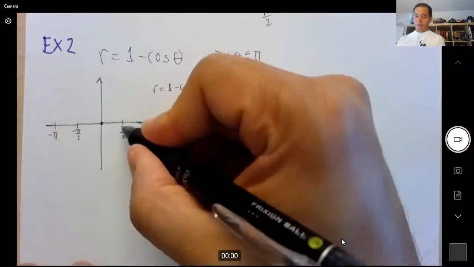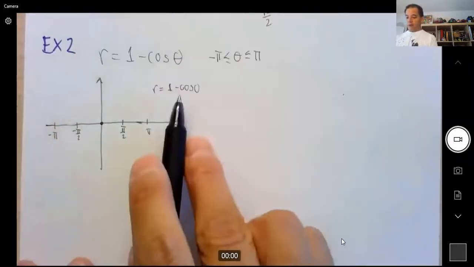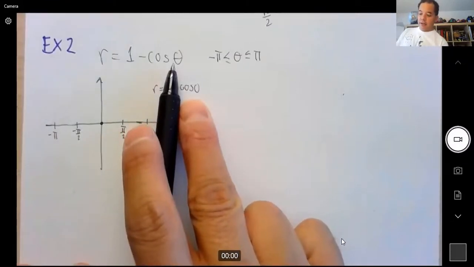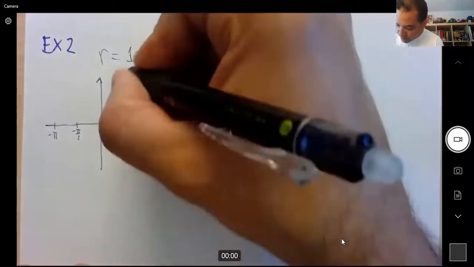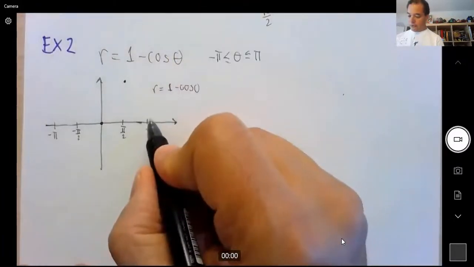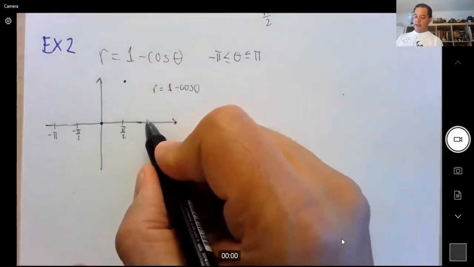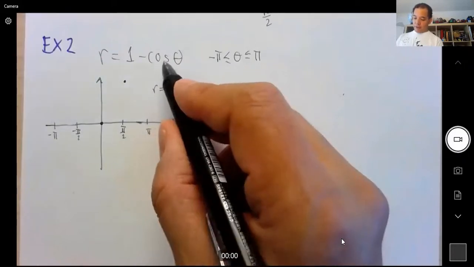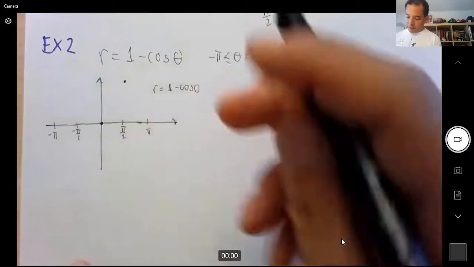All right, so at pi over 2, what's going to happen at pi over 2? We have cosine of pi over 2, cosine of 90 degrees, and cosine of 90 degrees is 0. So at pi over 2 it is 1, so it's all the way over here. And then at pi, cosine of pi is negative 1. So this is negative 1, and negative 1 is going to be 2.